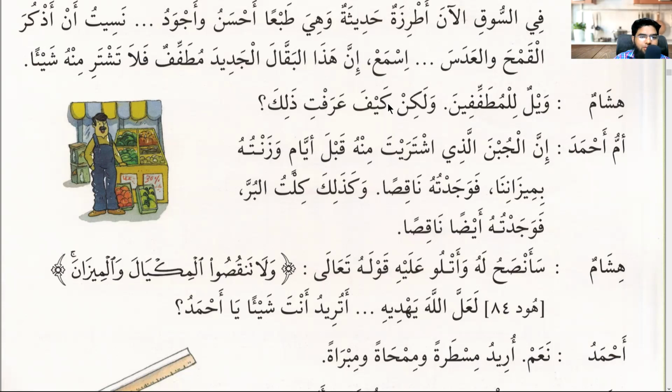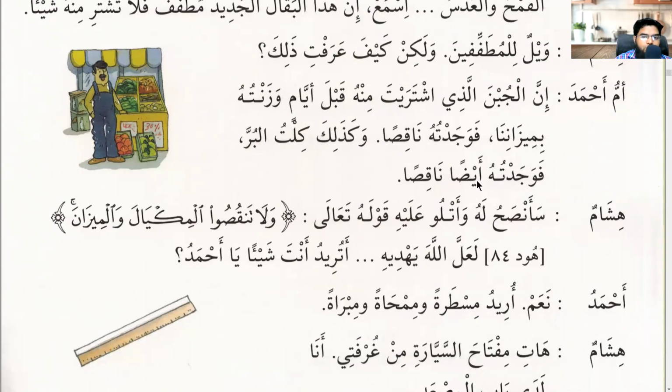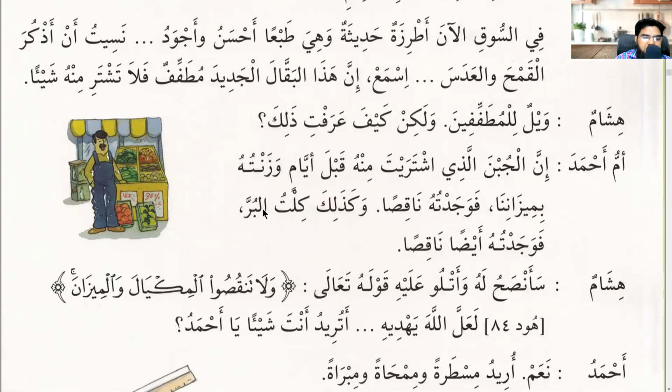Why do they have separate words for wheat seeds and qamh also? Qamh also should mean wheat, right? And burr also is wheat. I don't know. فوجدته أيضا ناقصا. So I found it less, because qamh and burr both mean the same, I guess.